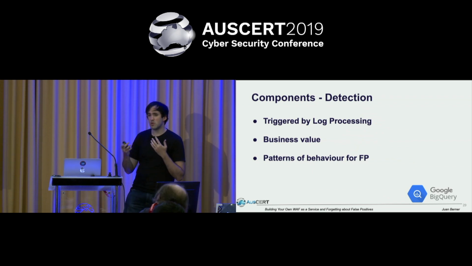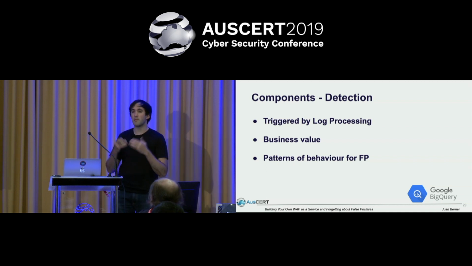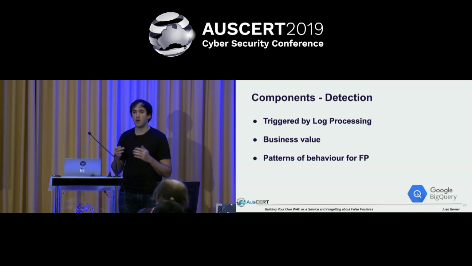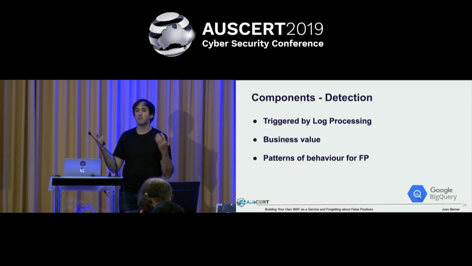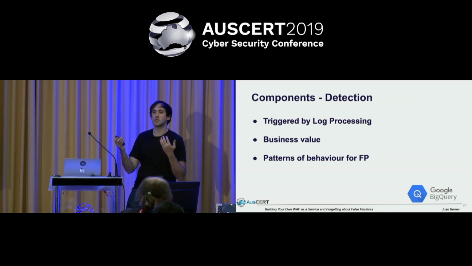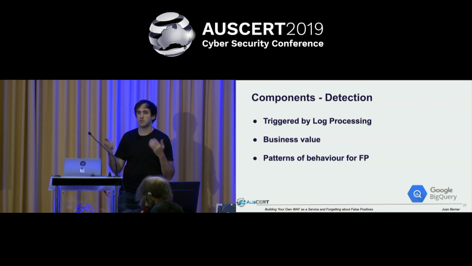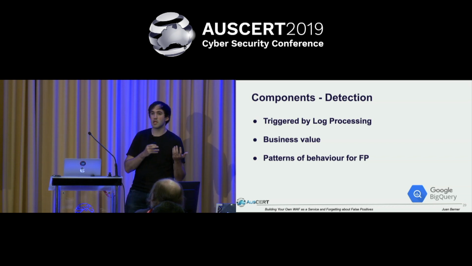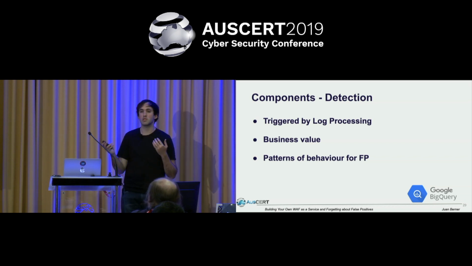And this information it will use will be about business value and patterns of behavior in history. That's why I use Google BigQuery. You can have petabytes of information and in seconds get a response about a particular, let's say, endpoint and how common their false positives are for some messages, which might be more common on an application which is getting chat messages than on an endpoint that is just getting the same values all the time.